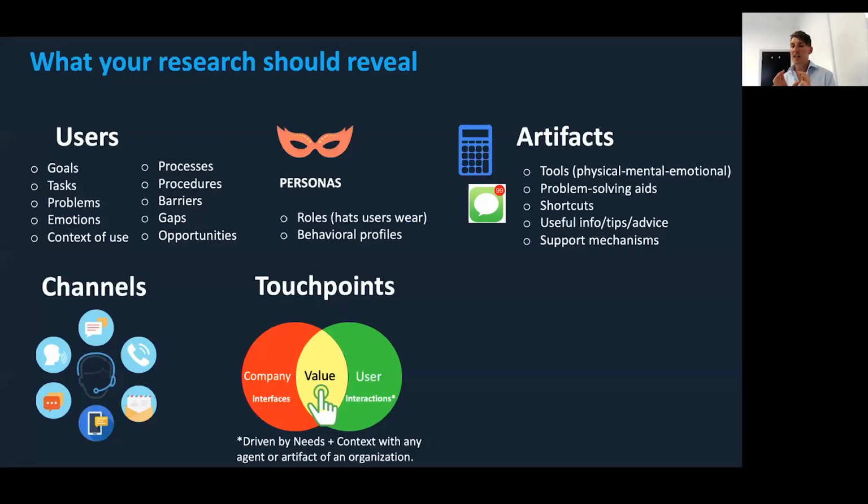And it's that intersection of that touch point where value occurs, and these touch points are driven by needs and context, with someone in your company and the artifact, whatever it might be. The customer might have a PDF, or they might have a physical form that they're filling out. It might be something online.